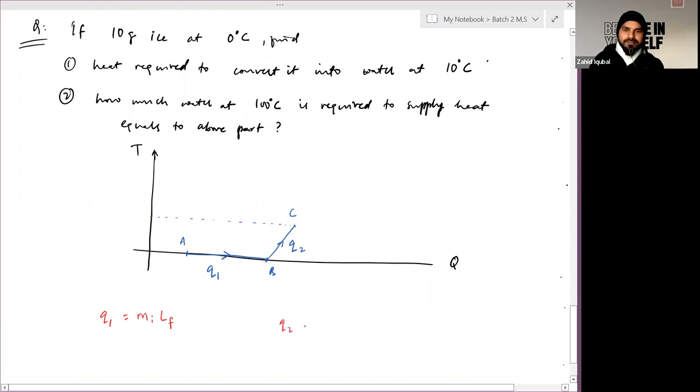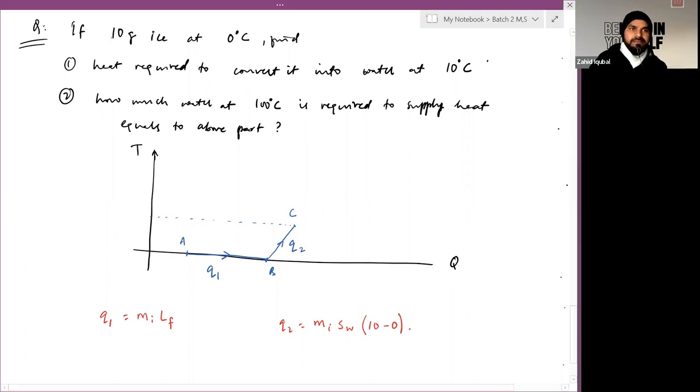Q2 is specific heat to convert its temperature from 0 degrees Celsius to 10 degrees Celsius. So it will be mass of ice that has converted into water, times specific heat capacity of water, times change in temperature, which is 10 minus 0. Just put the values and simplify it. Try to solve.